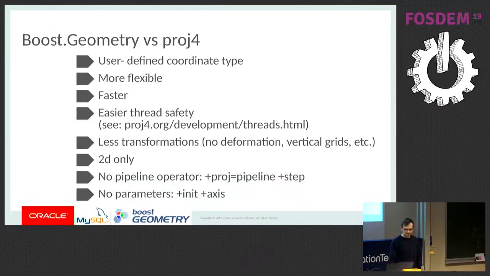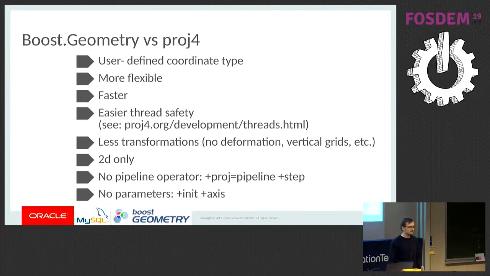So Boost.Geometry is flexible, fast. It's easy to achieve thread safety, because with previous versions of Proj 4, it was not possible to be thread safe, because they were using a global error reporting mechanism like this errno system tool.